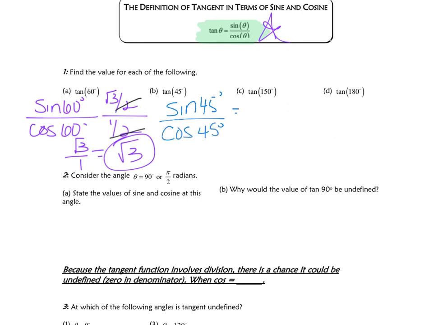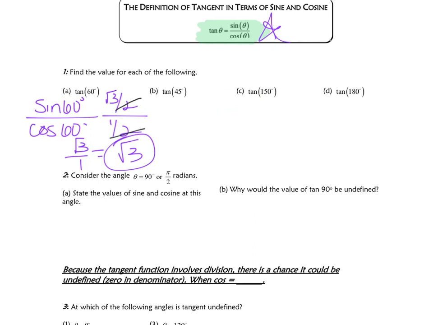Well, I need to refer to the angles that I need to have memorized. 45 degrees is in the first quadrant, so everything's positive, so we don't have to worry about that just yet. So the sine of 45 is my y value, which is the square root of 2/2. And my x value of 45 is the same. It's the square root of 2/2. Well, what is anything divided by itself? 1.